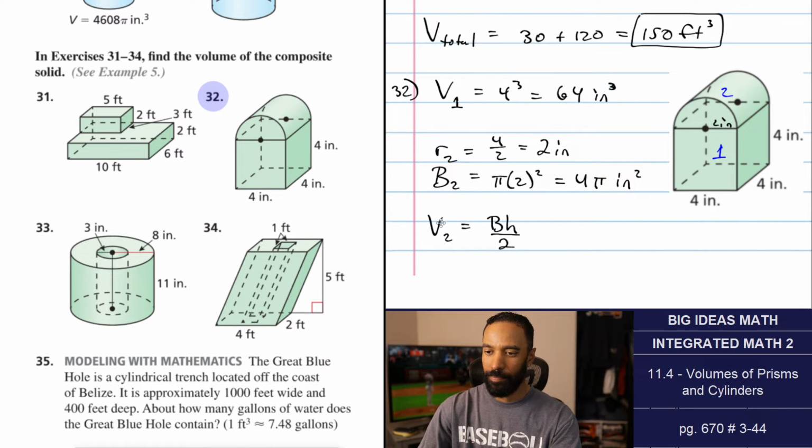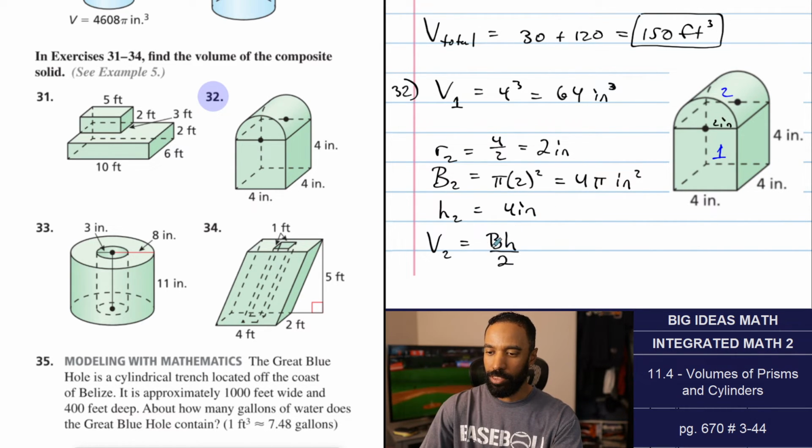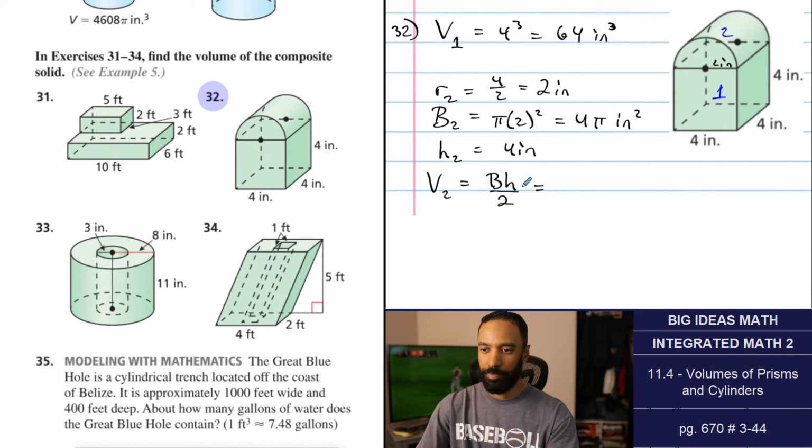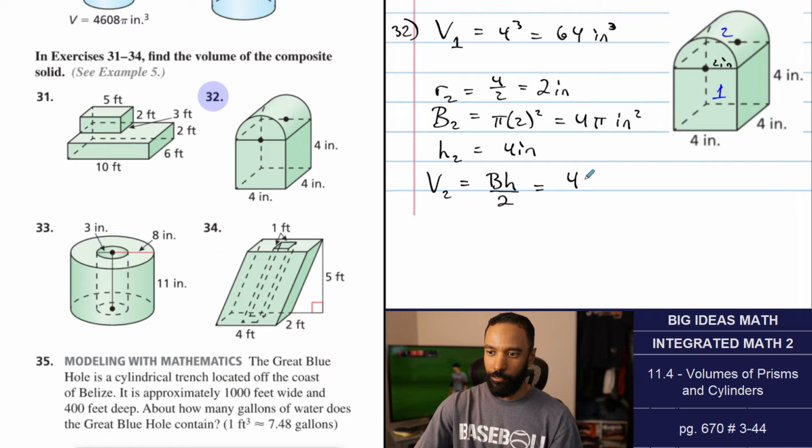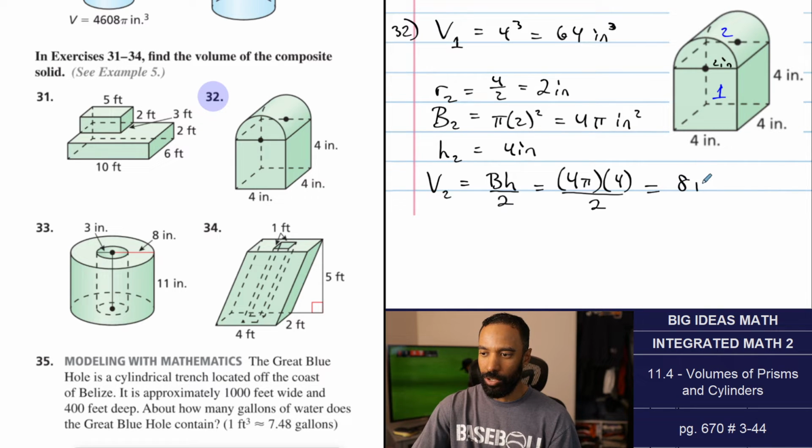The height, the separation between those two semicircles, is this distance here, 4 inches. So the volume of the second object is area of base, 4 pi, times height of 4, all divided by 2. 16 over 2 is 8. You're left with 8 pi cubic inches.